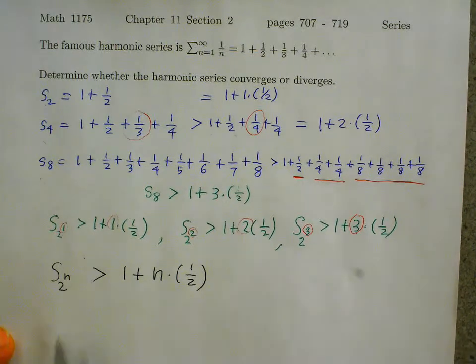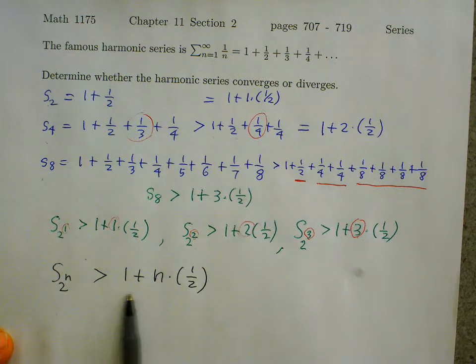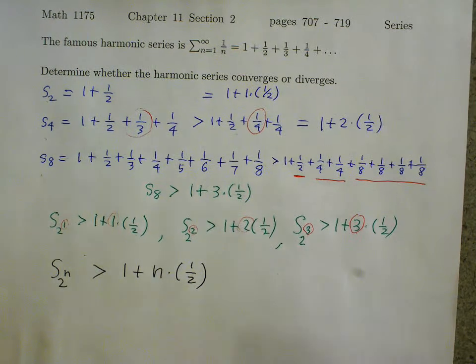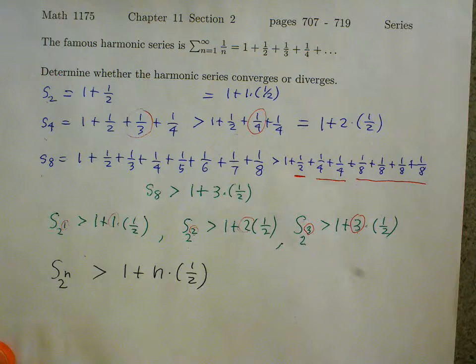So if the 2 to the nth partial sum of the harmonic series is greater than 1 plus n times 1/2, what's going to happen as n approaches infinity? It's going to keep increasing. Yeah, it's going to go to infinity.